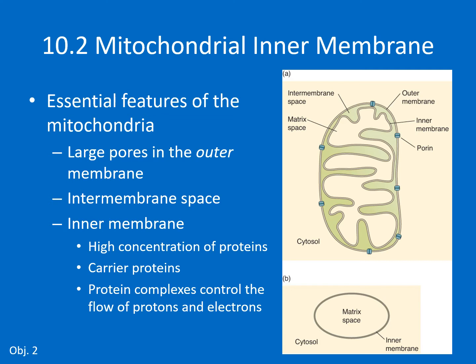So the inner membrane has a really high concentration of proteins, not just enzymes, but also carrier proteins, things to actively transport different molecules from outside of the mitochondria into the matrix, into the inside of the mitochondria. And these protein complexes control the flow of protons and electrons to set up that charge gradient.